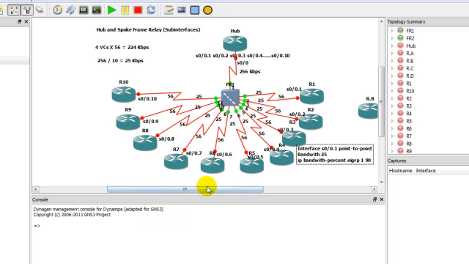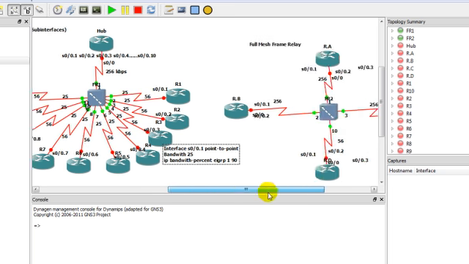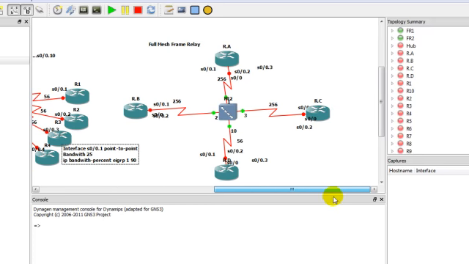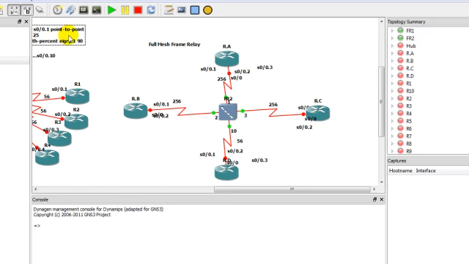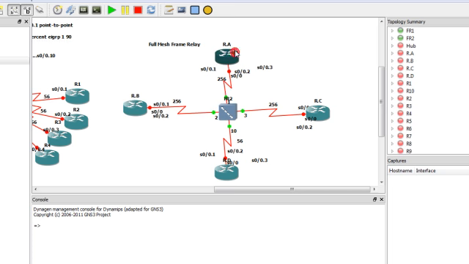Let's move to another scenario here to the right. I have a new one here. It's a little challenge, because in this scenario I want to use full mesh Frame Relay, and to explain this very well, I want to use the Snipping Tool from Microsoft.